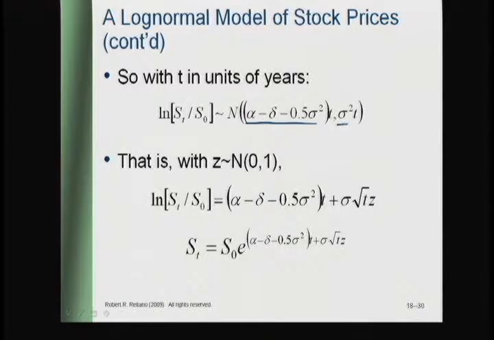So we can, in fact, write this somewhat differently. Namely, because we have a normal with a mean and a variance, we can express that in terms of the standard normal.